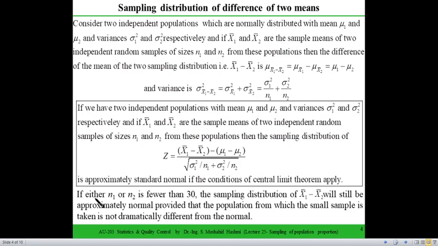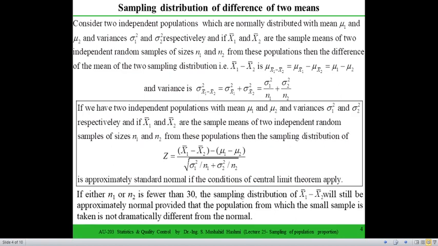If either n1 or n2 is fewer than 30, the sampling distribution will still be approximately normal, provided that the population from which the sample is taken is not significantly different from the normal distribution. So this condition of 30 sample size is quite stringent, but even with a number smaller than 30, it could be 20 or 15, the result works well with the normal distribution when your parent distribution from where the samples have been drawn is not very much different from the normal distribution.